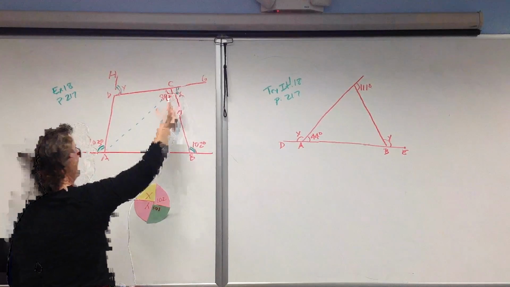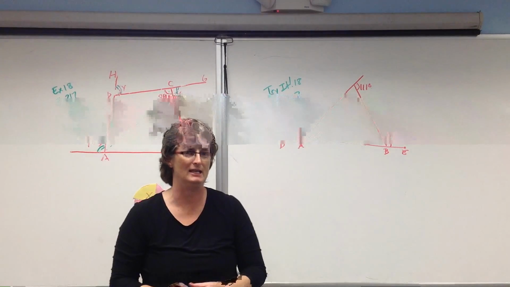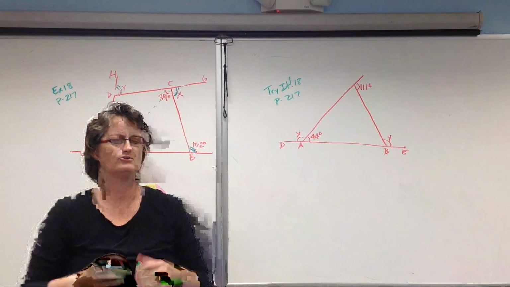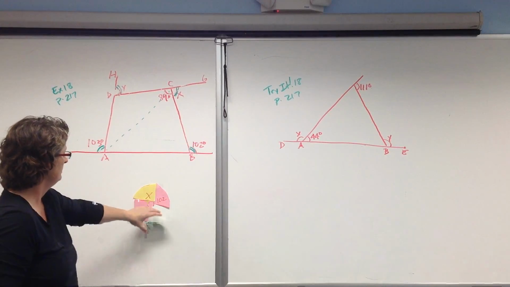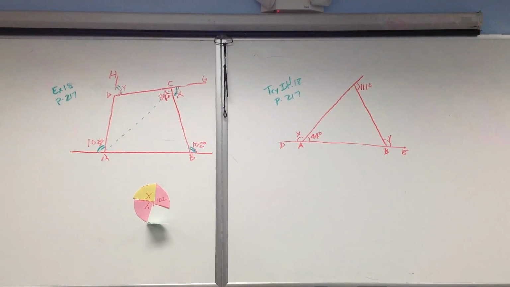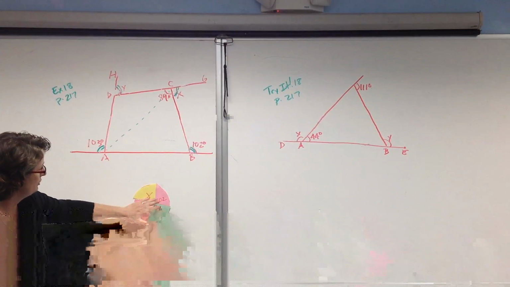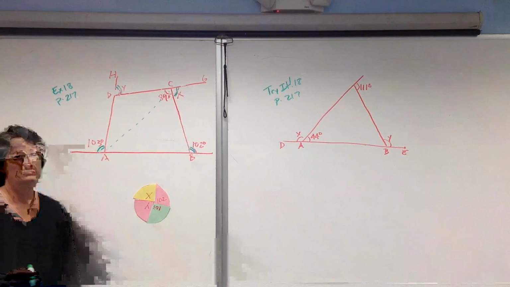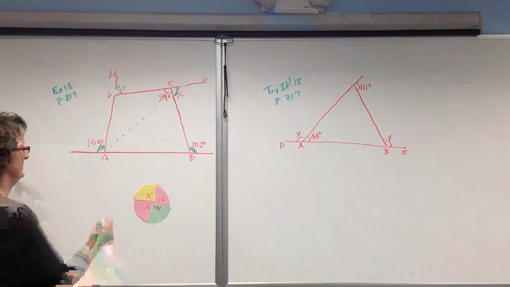When we add up these external angles, and that goes for any polygon, does not matter what sides there are, for any polygon, the external angles are going to add up to be 360. Get some tape for this guy. Okay? And we can spend more time if you want, but just so you know, these add up to be 360 degrees in a circle. So let's use that information.